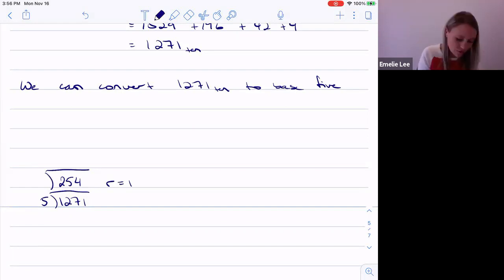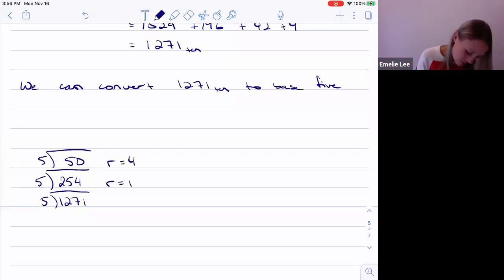Now 254, I'm going to divide by 5, which is 50.8. So 50 times 5 is 250, which means I have a remainder of 4.